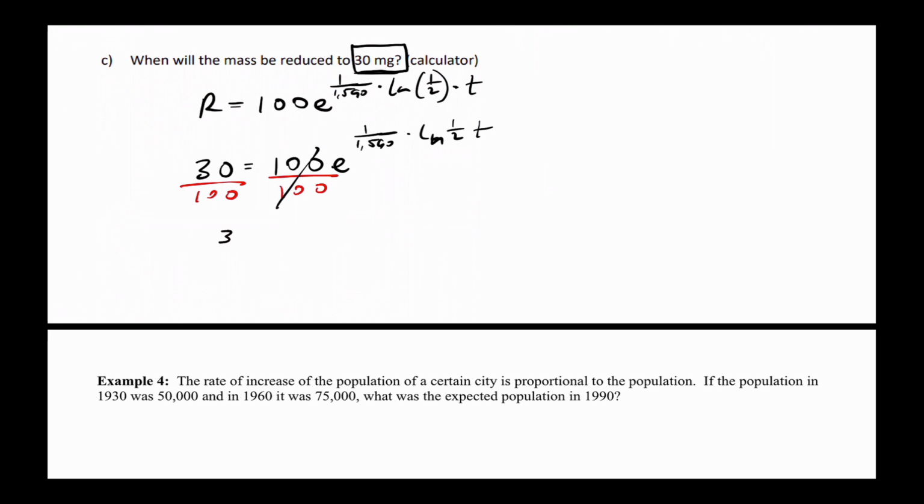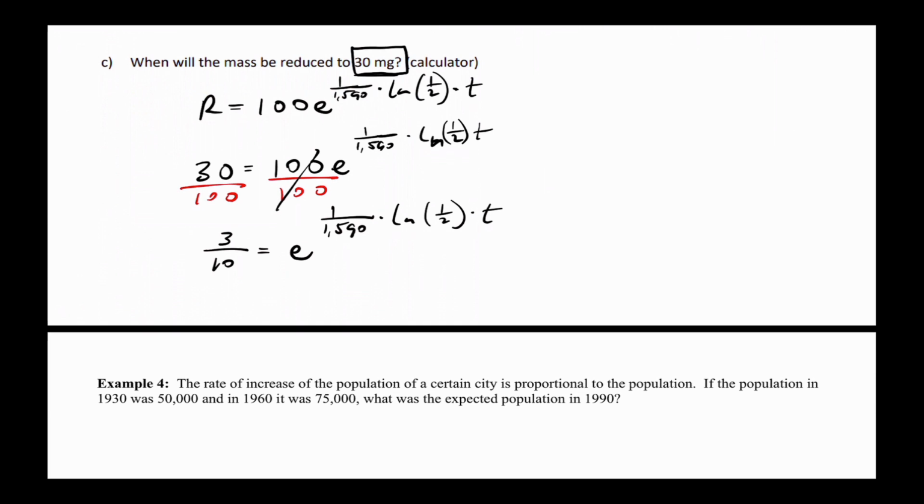I get 3/10. Okay. How do I solve for t? You've done this before.